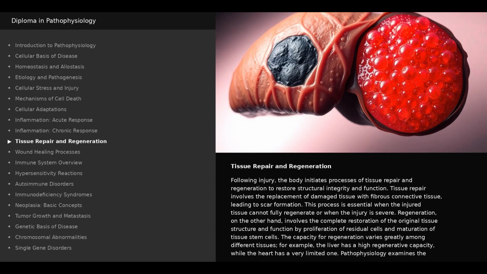Regeneration, on the other hand, involves the complete restoration of the original tissue structure and function by proliferation of residual cells and maturation of tissue stem cells. The capacity for regeneration varies greatly among different tissues. For example, the liver has a high regenerative capacity, while the heart has a very limited one. Pathophysiology examines the factors influencing these outcomes.